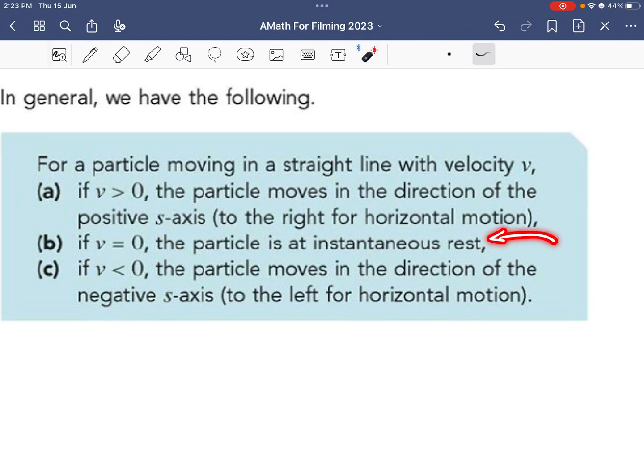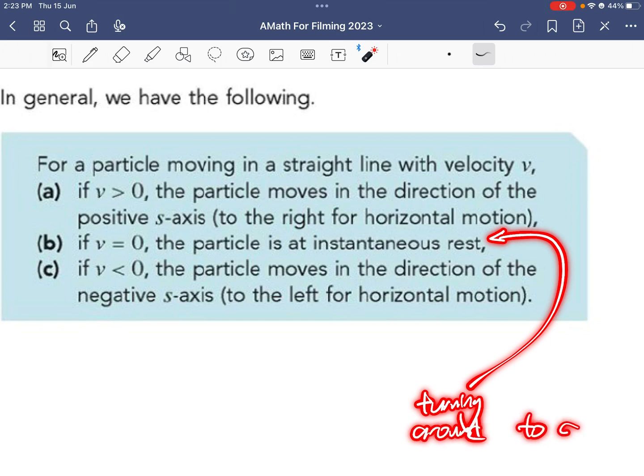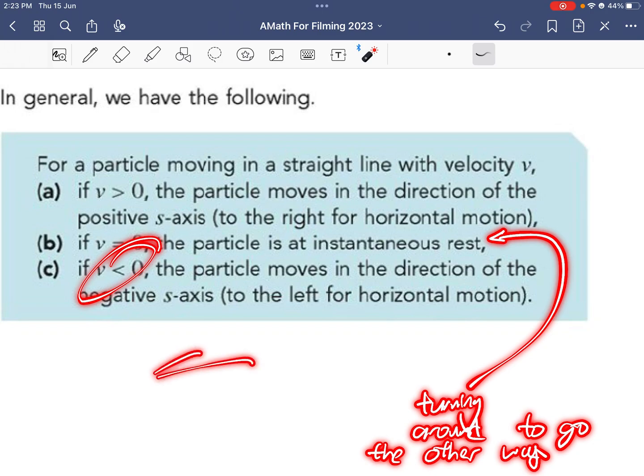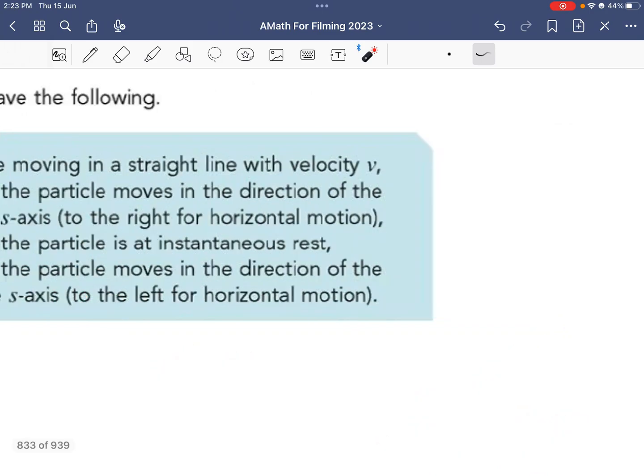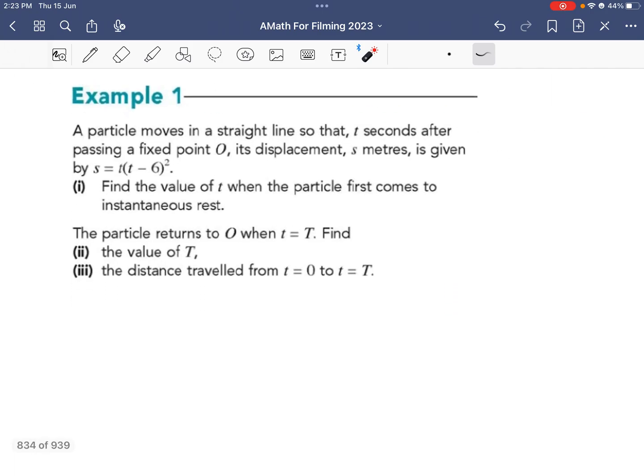When v equals 0, it is stopped. The special thing you need to know is that when it stops, it is turning around, to go the other way. Then when v is less than 0, it's moving the other way.